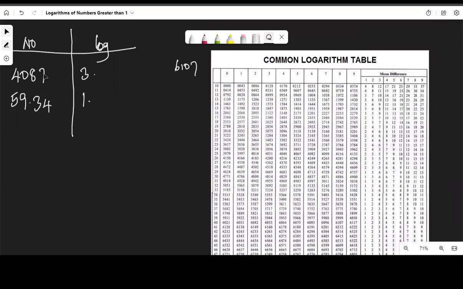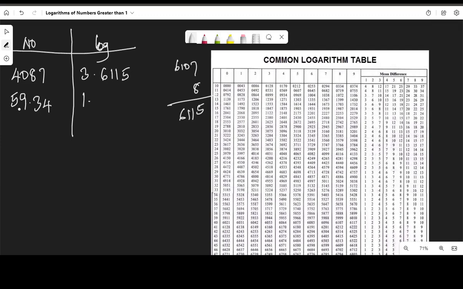Then difference of 7, trace it to difference of 7 is 8. Add that 8 here. That is 15. 1 plus this. Then 1. So 6115.